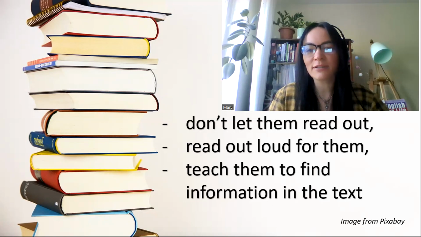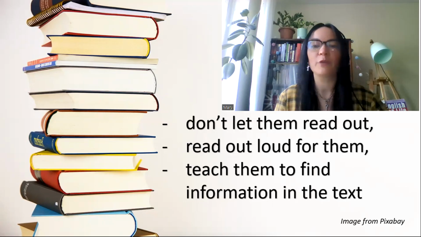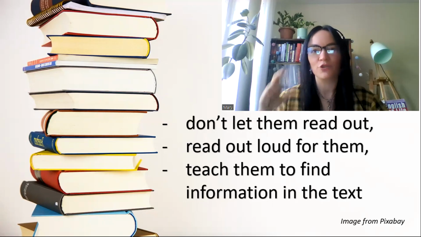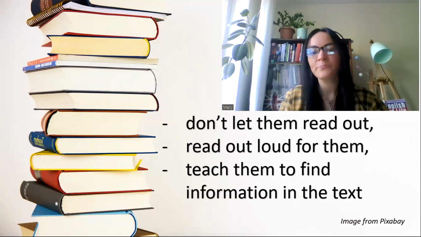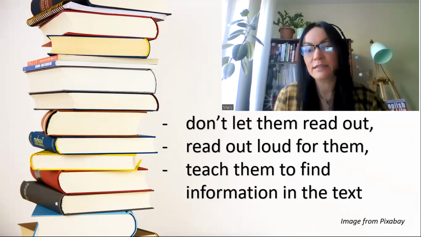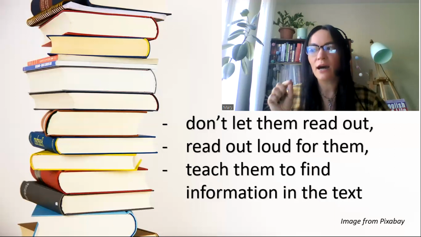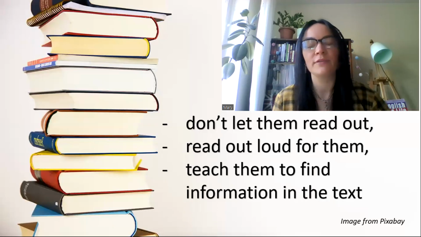So after you read the text for the first time, and when we read for the first time, we usually read for gist, just to understand the general idea of this text. It's a good idea to tell your students how to find some particular information in this text.